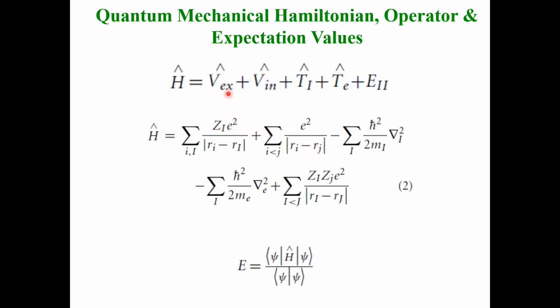The electrons are negatively charged. It is interacting attractively with an ion which has Zi. The Zi is the charge on the ion, and so again this refers to the distance. This is the position vector for the electron. This is the position vector for the ion. Okay, so all right. So this is the mathematical expression for the Hamiltonian operator.